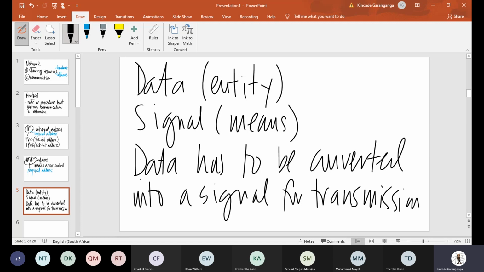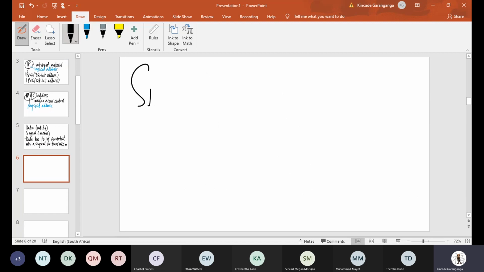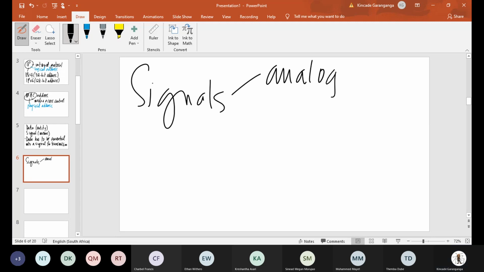And then as far as the actual signals are concerned, you've got different types of signals that exist, right? You can either have analog or digital signals. So these signals can either be analog. All right, so analog is more or less your generic voice platforms.